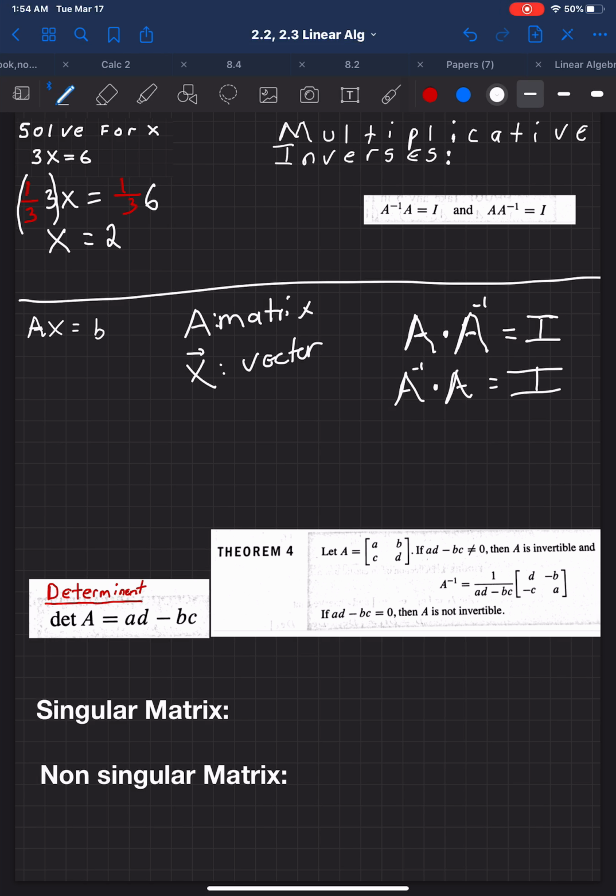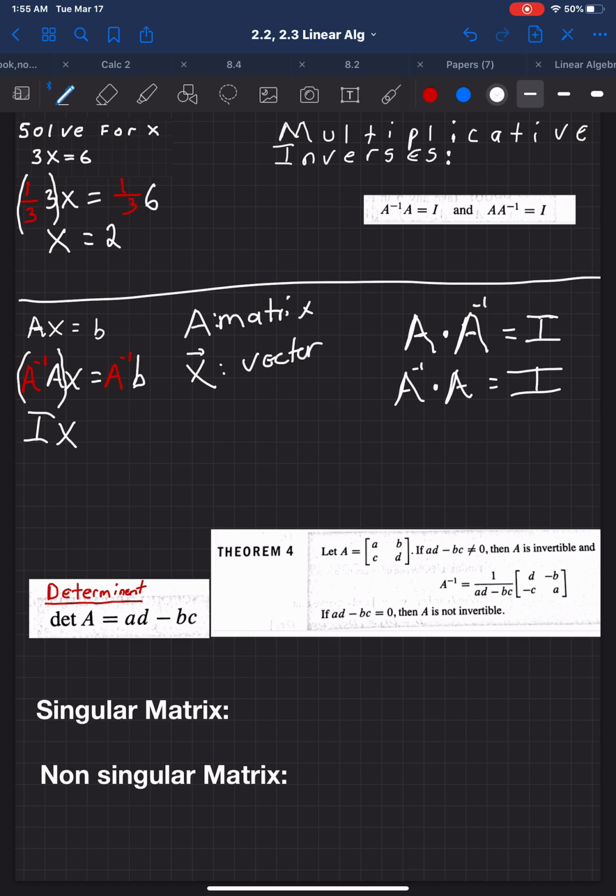Coming back to my equation, AX equals B, if I want to solve for X, then all I need to know is the inverse of A. If I know the inverse of A, then I can simply take A inverse multiplied by A times X, and take A inverse and multiply by B. Now, A inverse times A, we've already established, is just I, the identity matrix.